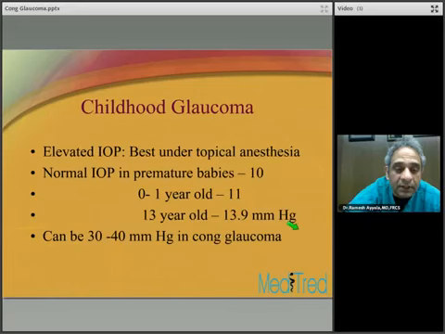Megalocornea, again, a congenital abnormality where the cornea is enlarged, is another differential for congenital glaucoma. Obviously, in these patients with megalocornea, the intraocular pressure is normal, the optic nerve appears normal, and the structure of the cornea itself clearly delineates the diagnosis.